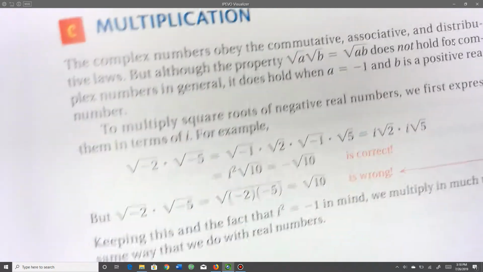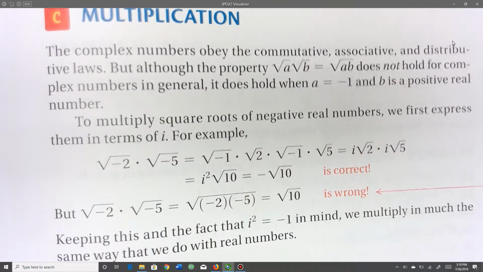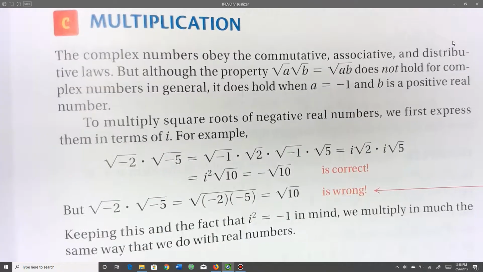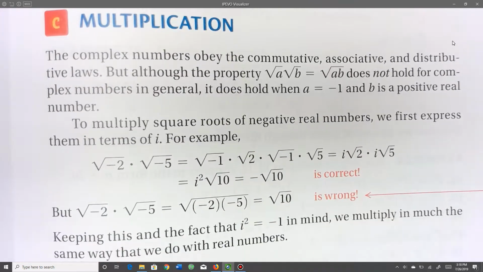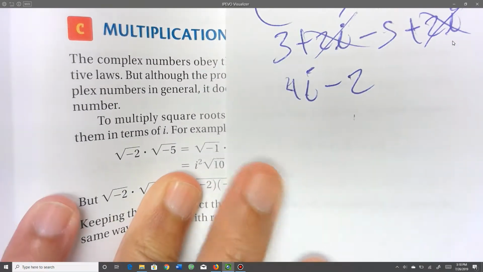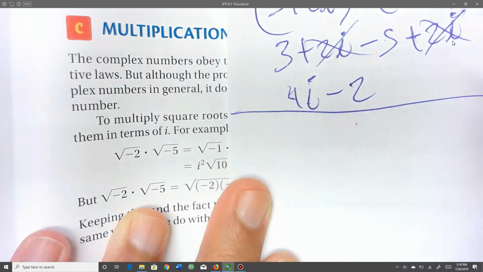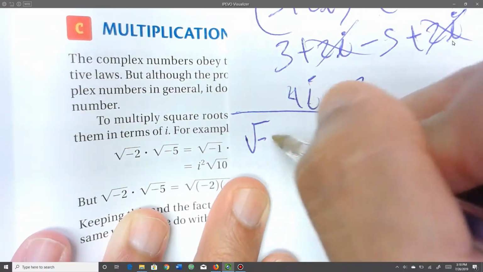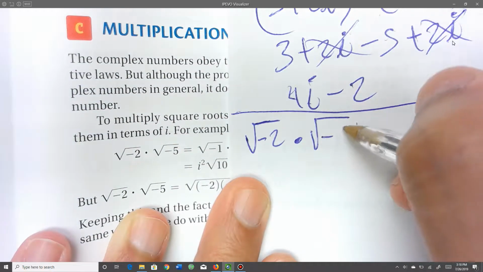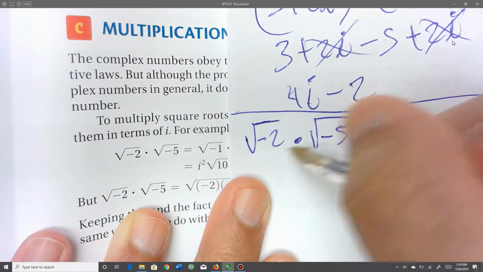Okay, so we need to move on. Multiplication. Now we're multiplying. This is why I told you that the rule changes just a little bit, not much. Remember, I'm just going to rewrite it here, negative 2 times... The rule for multiplying square roots was to simply multiply the radicands.